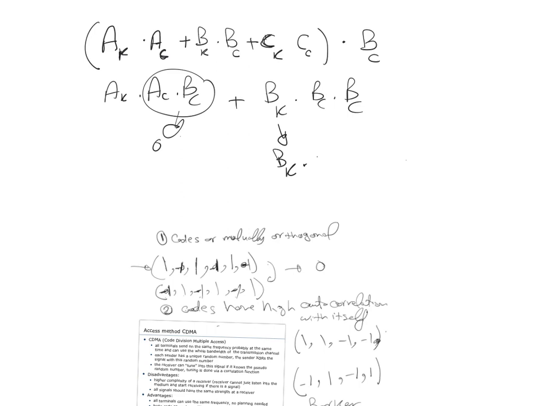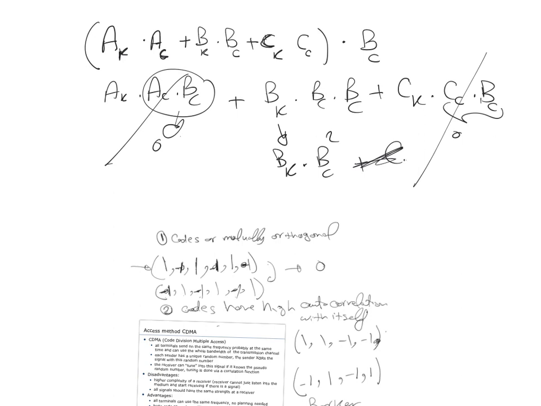So this is multiplied by BC squared, plus, of course, CK multiplied by CC multiplied by BC, and that's also a 0. So this will be 0, this will be 0, and this will be very high. So that's the idea. This is the idea of CDMA, basically.